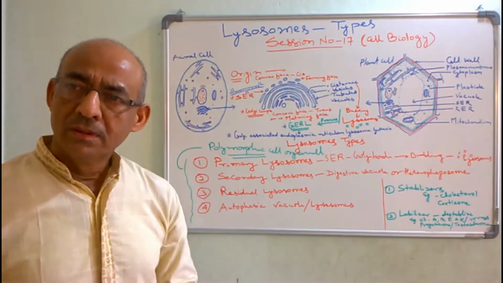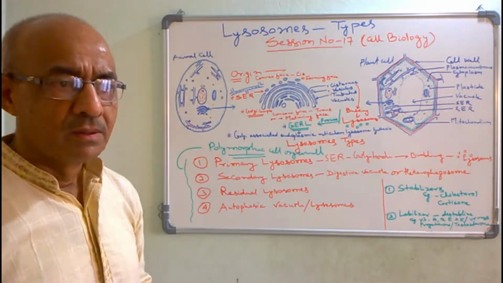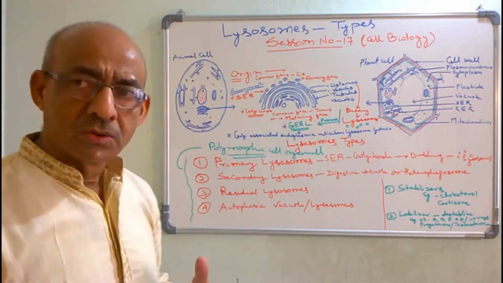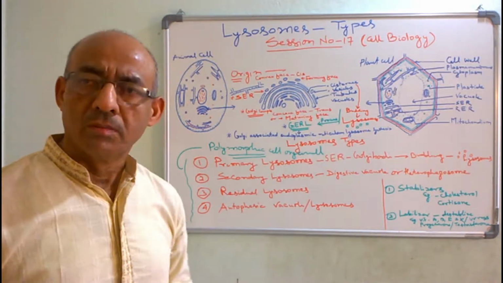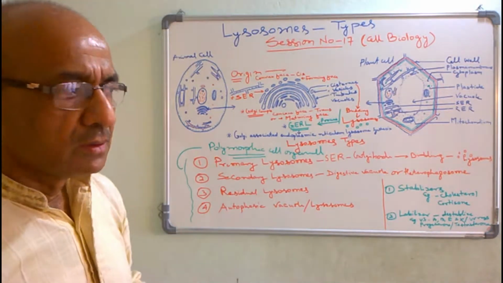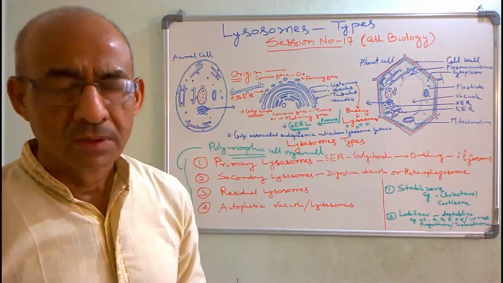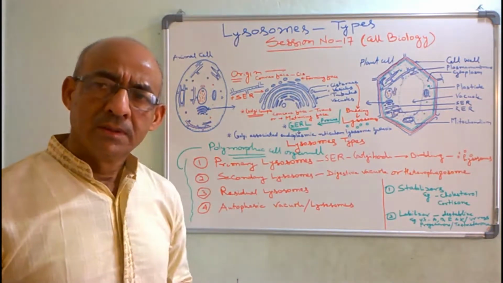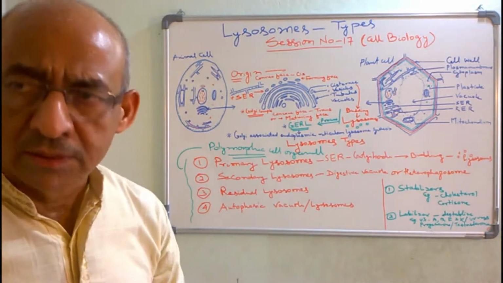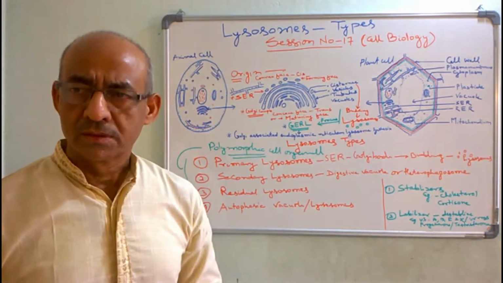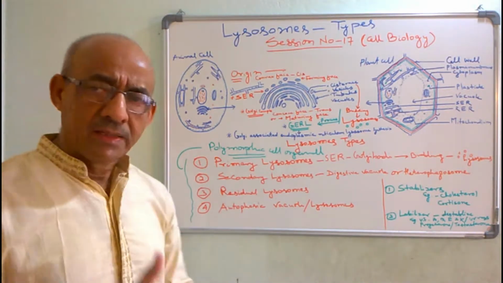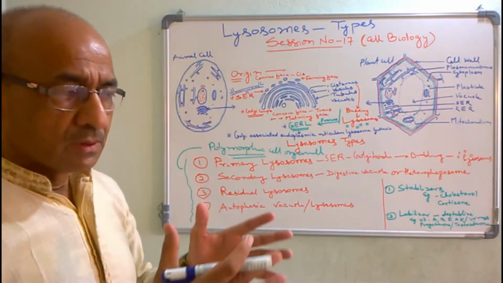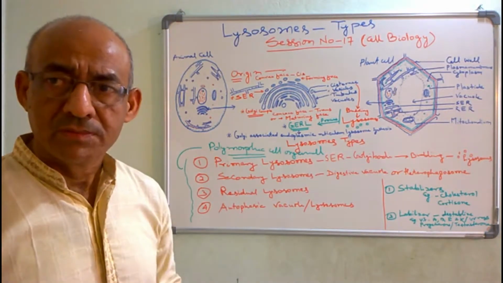When the complete cell becomes weak or worn out due to certain metabolic disturbances, or other factors like aging, in that case the lysosomes found inside that worn out cell digest the entire cell with the help of their digestive enzymes.